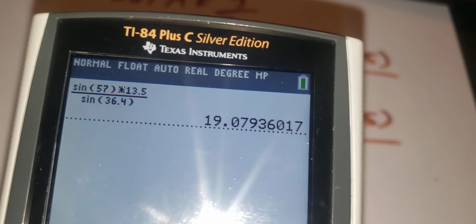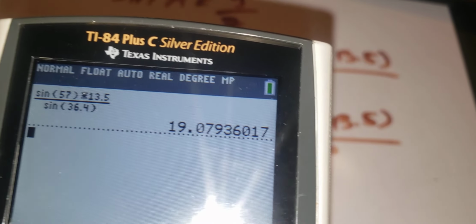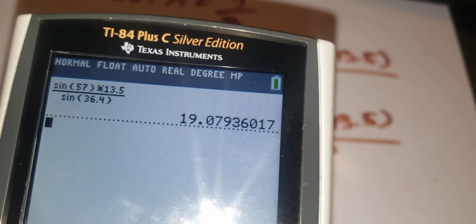And I get approximately 19.08, I'm going to go with. So Z equals 19.08, and it's an approximation. And so this is our distance. So this would be nautical miles.